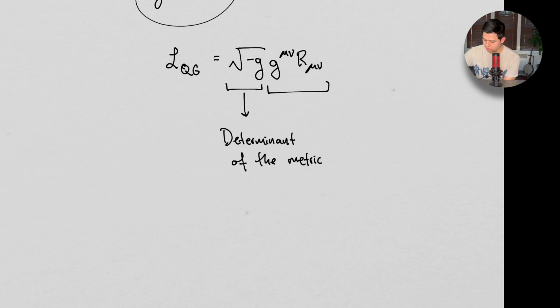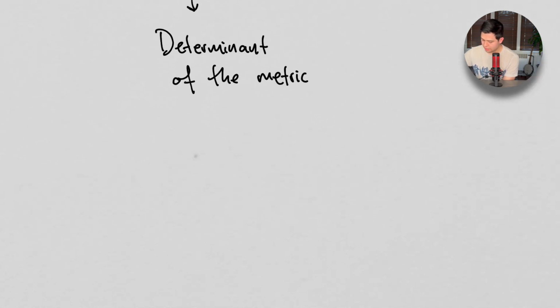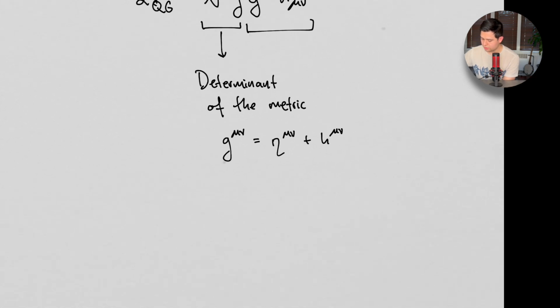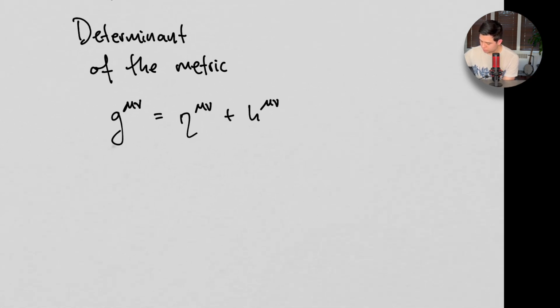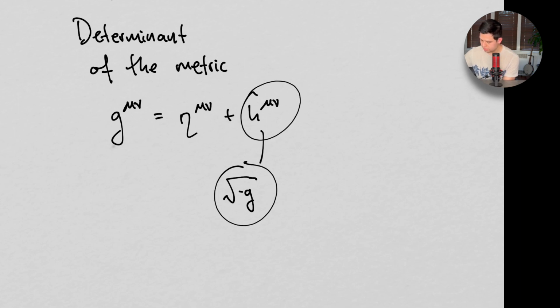So if you recall, this all sort of stems back to the idea that we are linearizing G, the metric, as flat space plus some perturbation in flat space. So we want to find now the G, this guy, in terms of this guy.